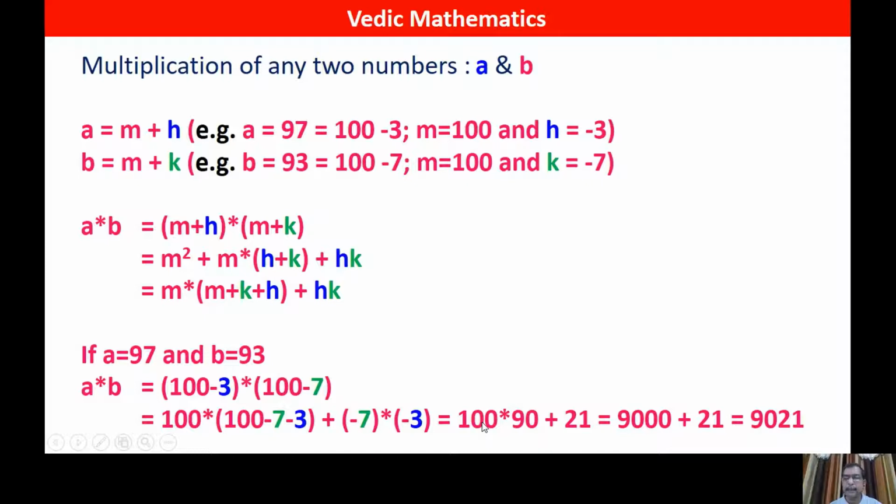So 90 at the hundreds position, and 21 will be added to it. So 9021 is the answer. Now, this is very simple looking, and you will say what is so different about it. It is very common to do it, but let us see how we can use this technique to calculate large number multiplication very easily.